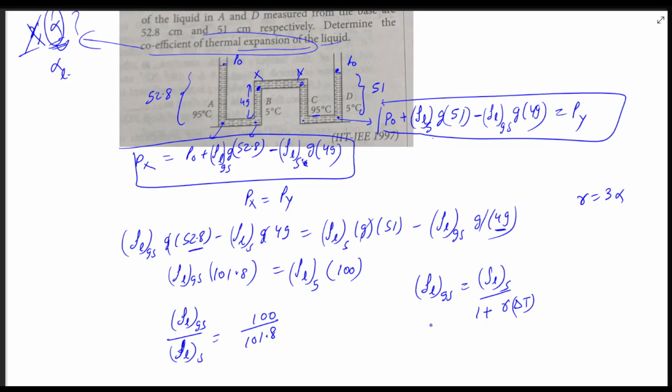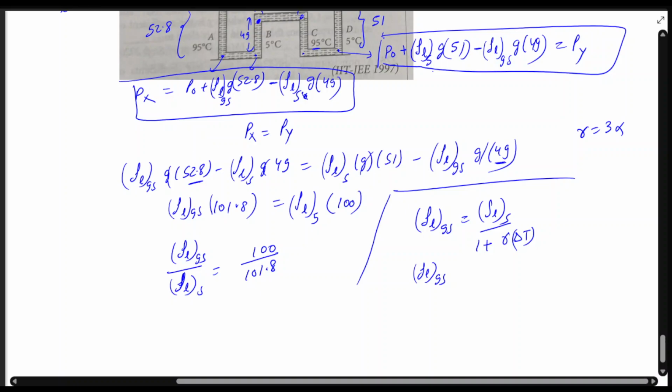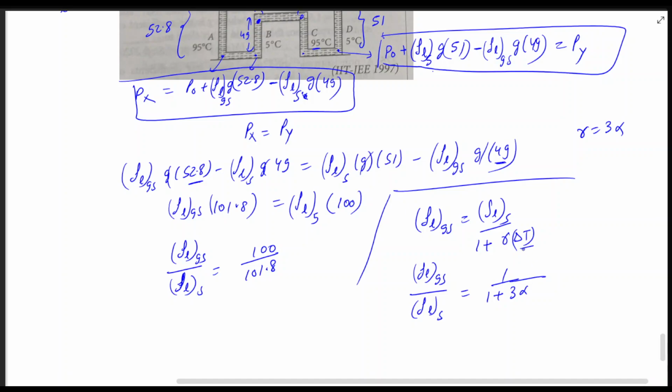So rho of liquid at 95 degrees divided by rho of liquid at 5 degrees will be equal to 1 upon 1 plus 3 alpha delta T, and delta T is 95 minus 5, which is 90 degrees.